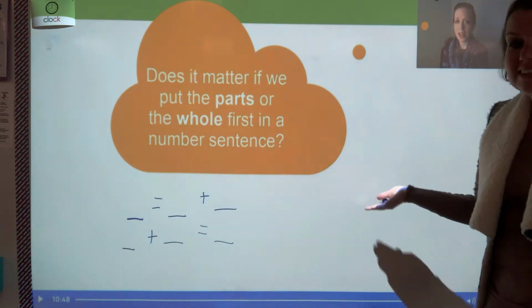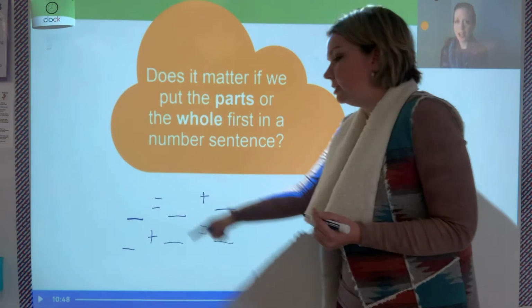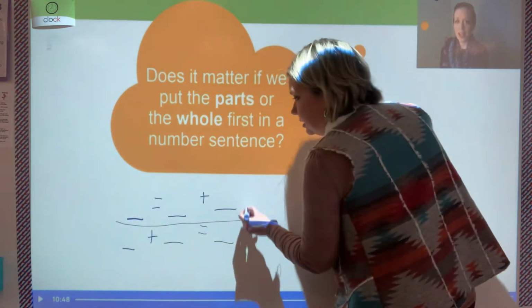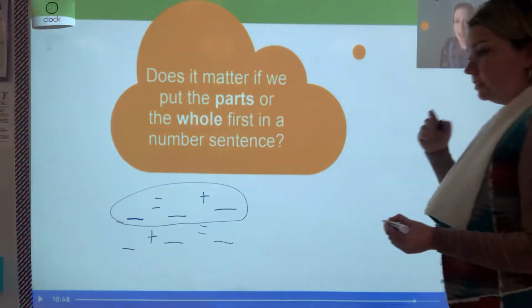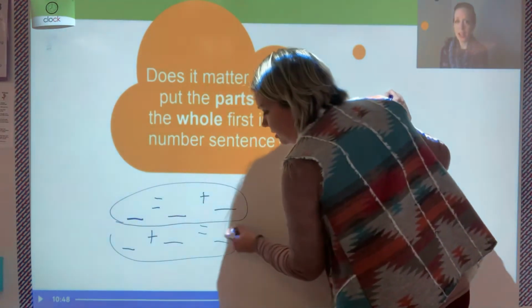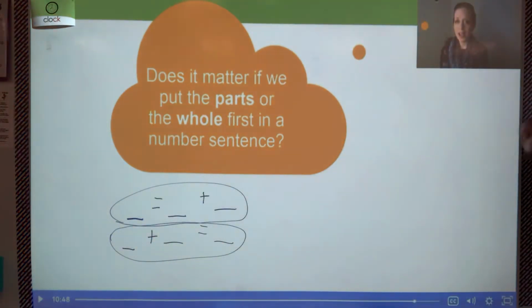No, it doesn't. As long as the numbers are in the right spots, it doesn't matter. You could write your number sentence with the whole first, or with the parts first. It does not matter.